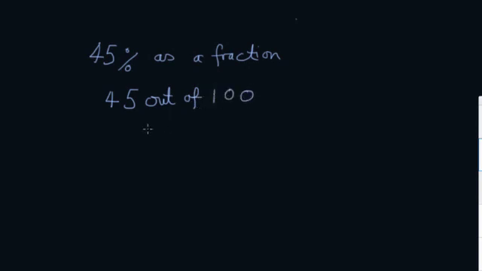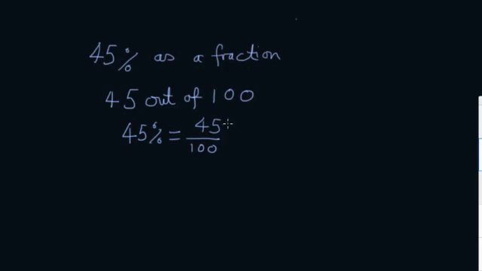100. So if we had 100 people, we would take 45 of that crowd out, and that would be 45% of the 100 people. So we can write this 45% as 45 over 100, and that is just a simple simplification of a fraction.